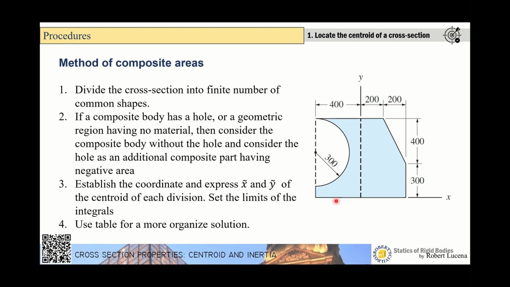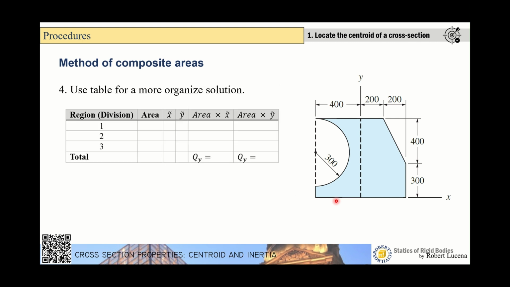Now, for solving using the method of composite area, for a more organized solution I recommend we use a table that contains the region, area, x curl, y curl, the first moment of area about the y-axis, and the first moment of area about the x-axis. Again, you can only get the centroid if you have the moment of area divided by the total area.